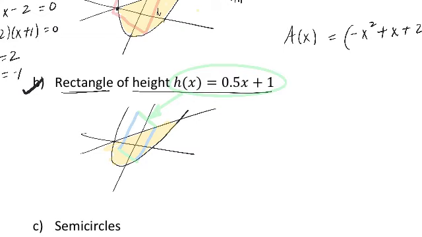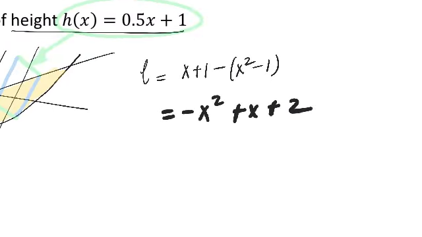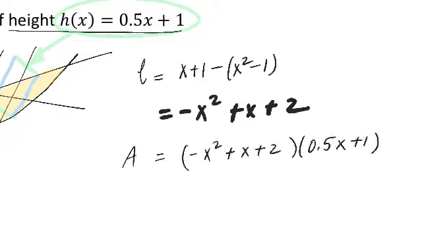So the rectangle length is going to be x plus 1 minus x squared minus 1, the same exact thing as before. So we get negative x squared plus x plus 2. And then the area will be that times the height, because it's a rectangle. So length times width makes area.